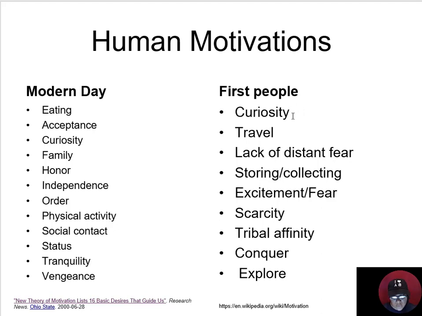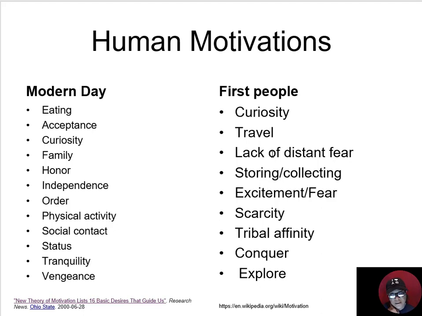So curiosity, huge motivator. When we look at marketing, marketers know this very, very well. They use all of these traits to trigger us to buy the things that they want us to buy. And so what they'll do is, for example, because of this travel motivation, if someone were to offer you some plane tickets to XYZ, you would jump on it, right?